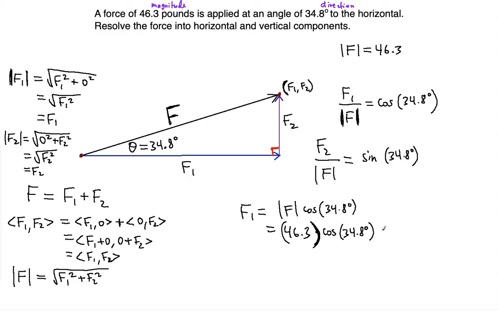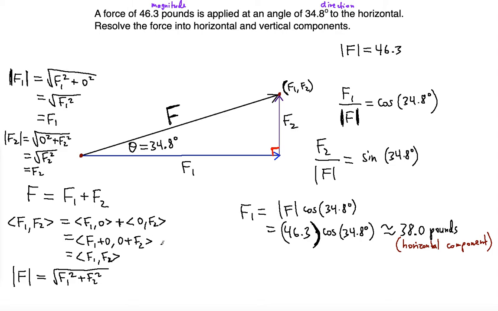What that should give you is about 38.0 pounds. And keep in mind that this is the horizontal component. Once again, if you try to find its magnitude, it's going to give you 38 again, because we just showed it doesn't matter as long as it's vertical or horizontal, the magnitude will be itself without the bars.